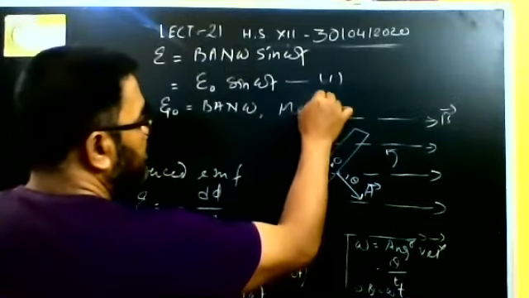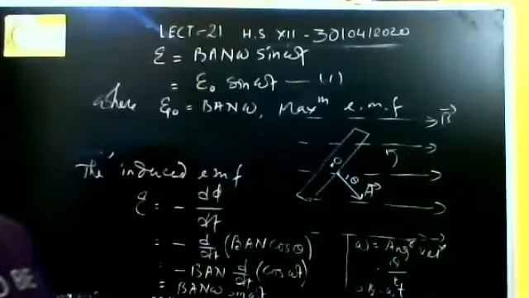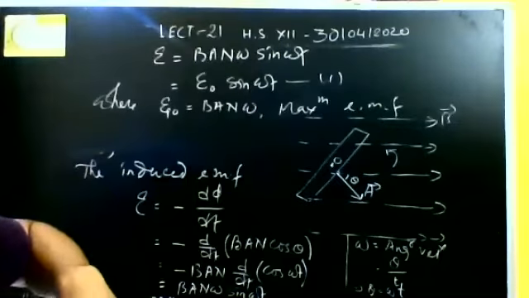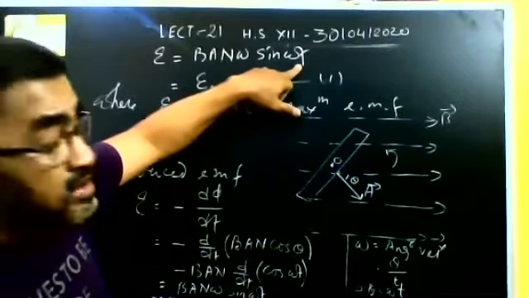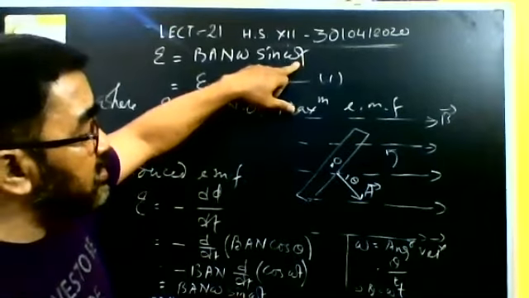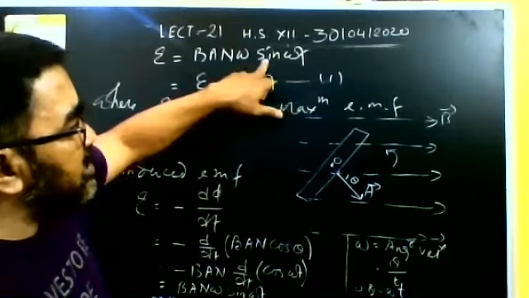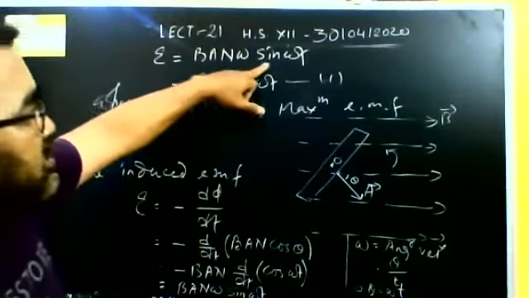Maximum EMF. The maximum value of EMF is given by this value. Why maximum? If sin omega t is equal to 90 degree, that is theta is equal to 90 degree, then sin 90 will be 1.